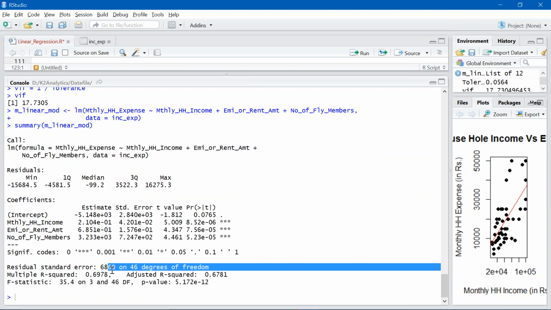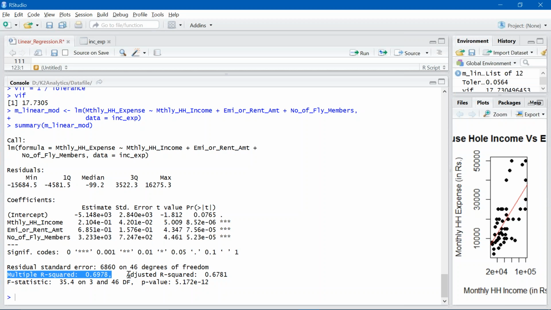Here there is a multiple R squared and there is an adjusted R square. When you build models, as you keep increasing variables, the R square, multiple R square will keep increasing.